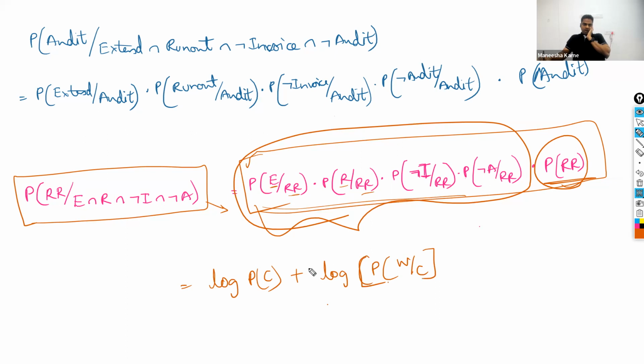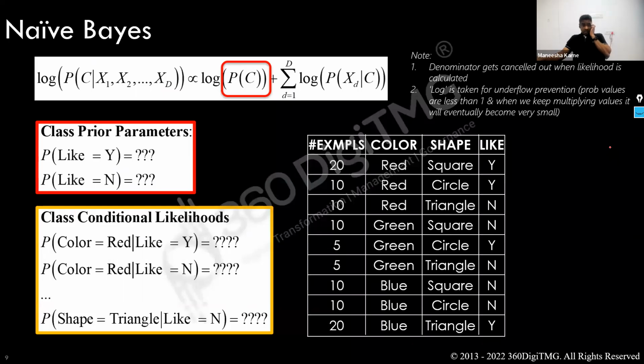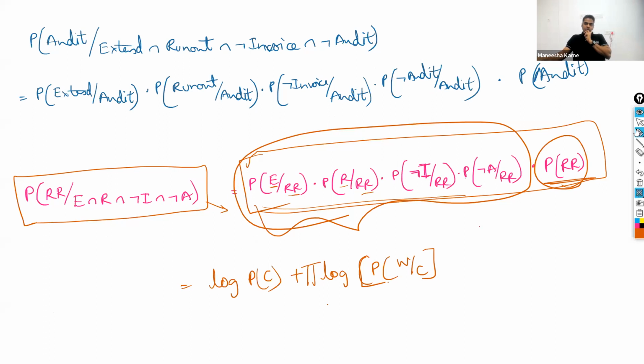But here, since you are multiplying, you put a multiplication symbol. It's not summation. And that is exactly what is given here. Sorry, their summation was given because you need to look at various other things also. But then if you want me to write down the formula, let me write it.